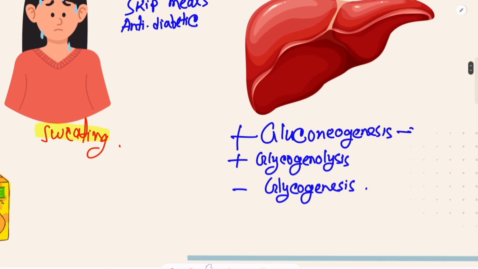Gluconeogenesis causes an increase in glucose or blood sugar. Similarly, glycogenolysis also increases blood sugar, and inhibition of glycogenesis also increases blood sugar.